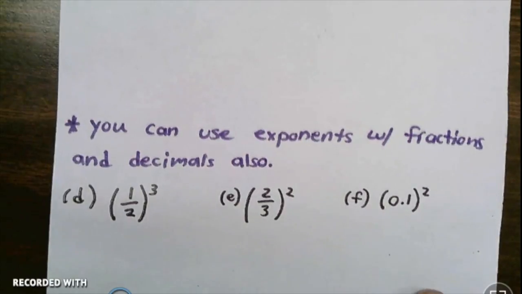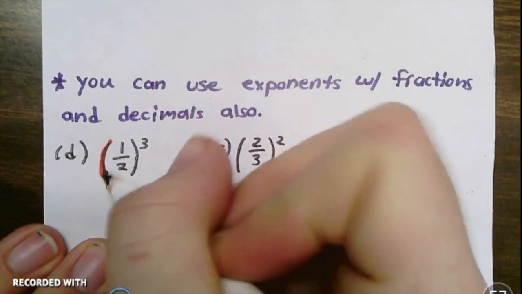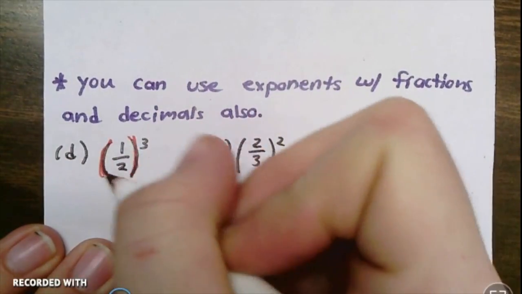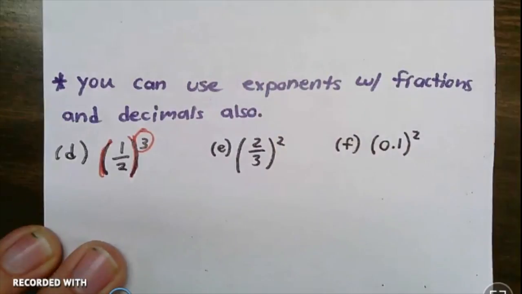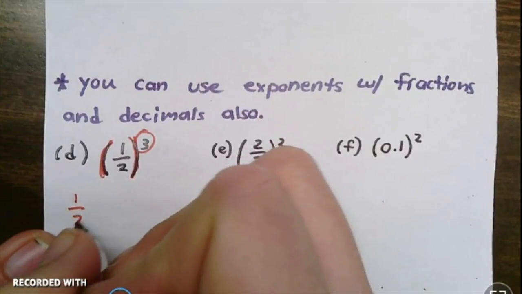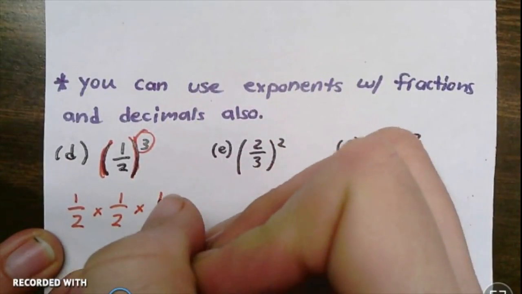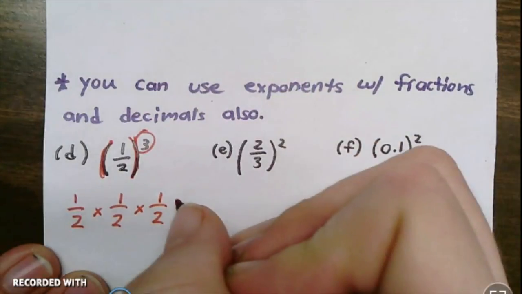Okay, now last thing. You can use exponents with fractions and with decimals also. So we're going to use parentheses in order to show us that the whole fraction is being raised to the third. So what does this mean? It means 1/2 times 1/2 times 1/2, 3 times.